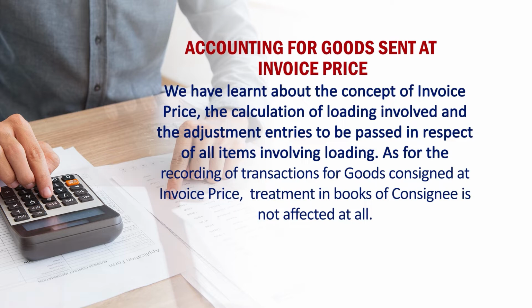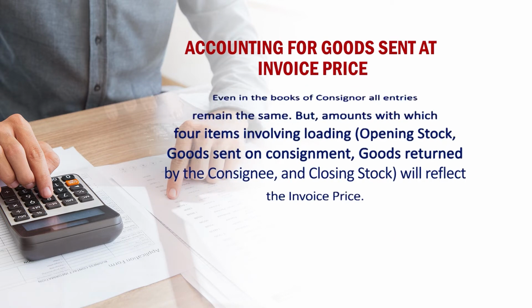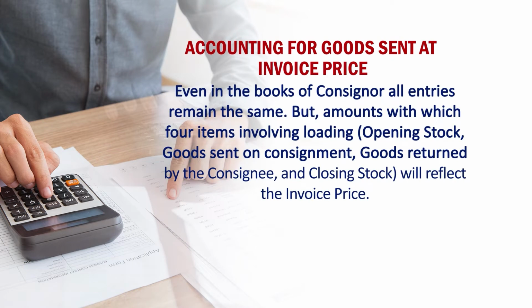As for the recording of transactions for goods consigned at invoice price, treatment in the books of the consignee is not affected at all. Even in the books of the consignor, all entries will remain the same, but the amounts of the 4 items involving loading will reflect the invoice price.